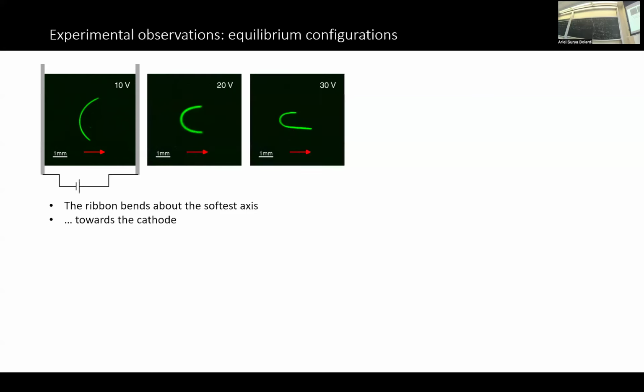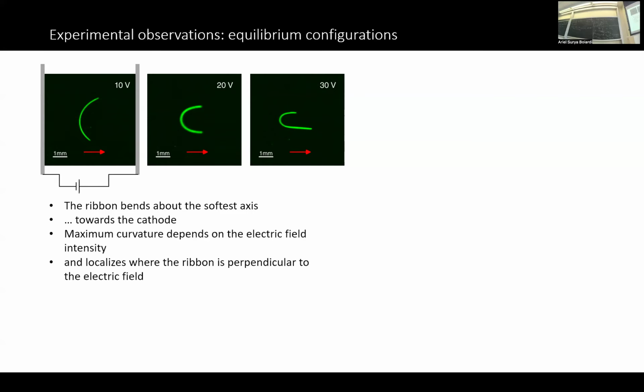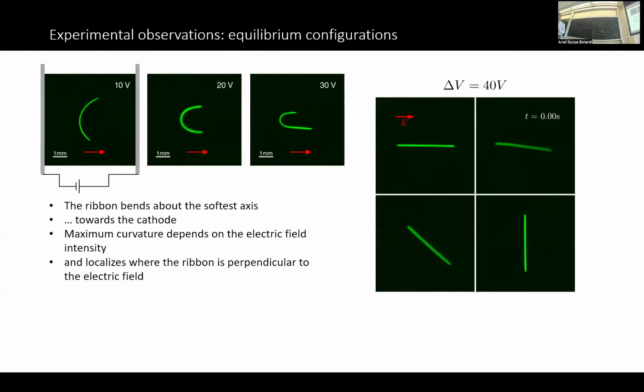If we increase the potential difference, we see that the curvature becomes bigger, and it's always localized where the field line is perpendicular to the ribbon.